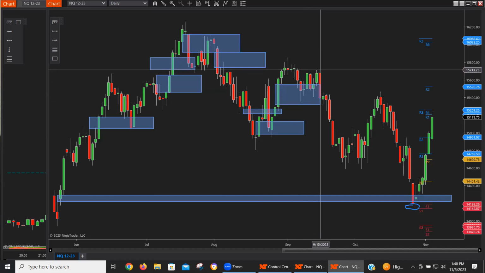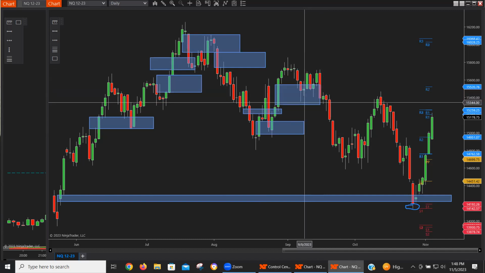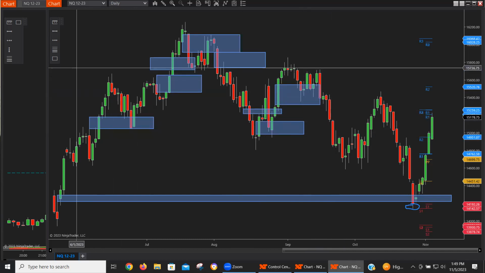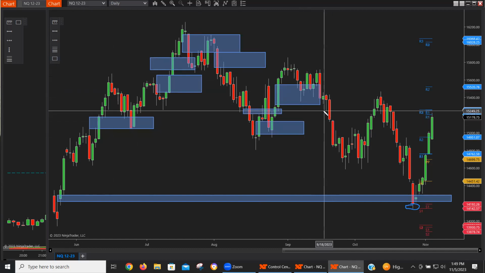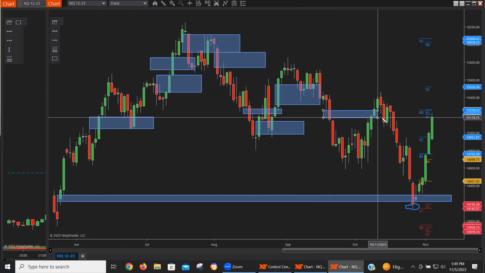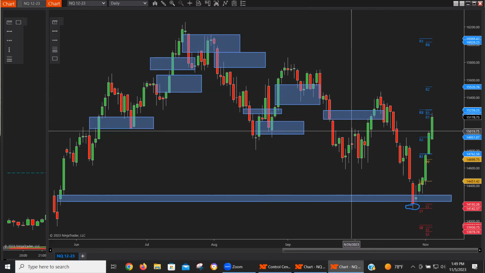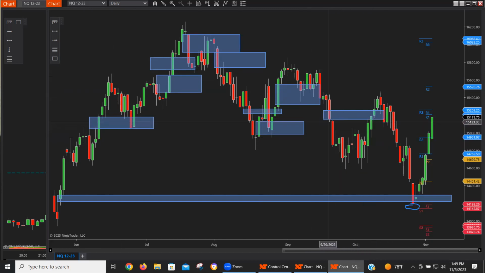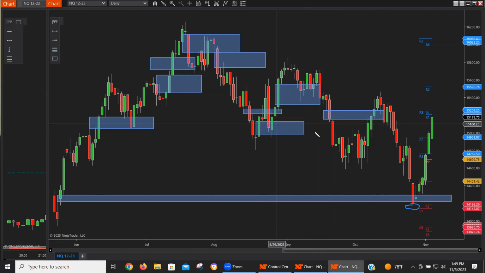Once it got what it needed, it shot down to break this swing, and created what again? An imbalance. Came back up, decided, oh wait a minute, no. We had two imbalances. We're not done.